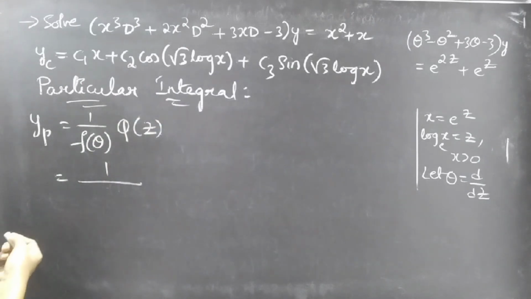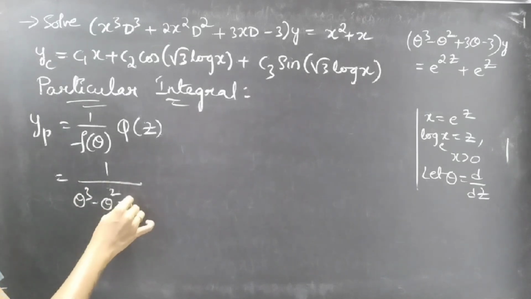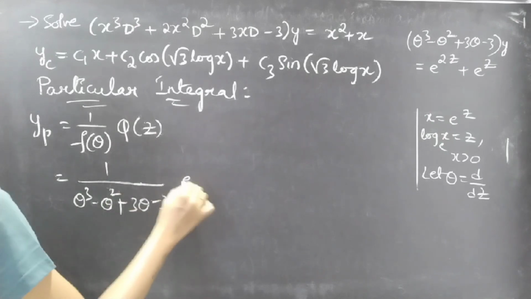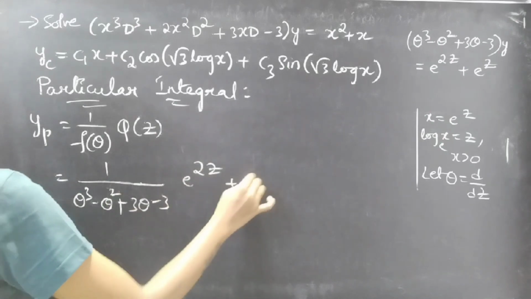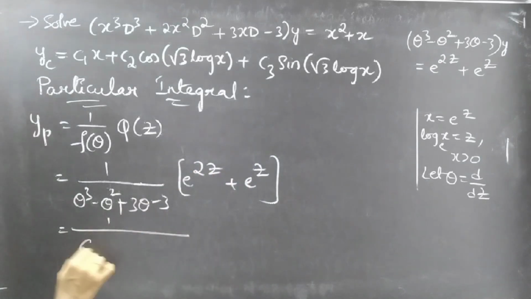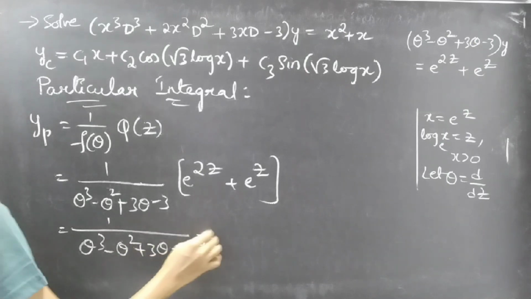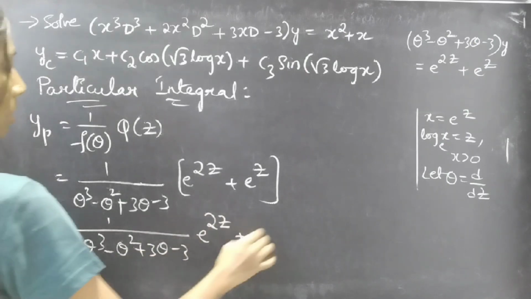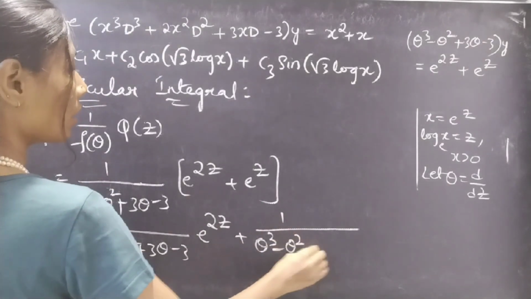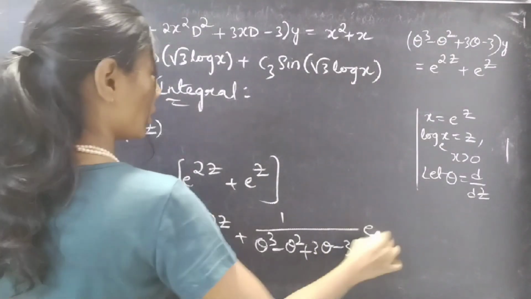We have f of theta and q of z, where f of theta is theta cube minus theta square plus 3 theta minus 3, and q of z is e power 2z plus e power z. We can write this as 1 by theta cube minus theta square plus 3 theta minus 3 into e power 2z plus 1 by theta cube minus theta square plus 3 theta minus 3 into e power z.